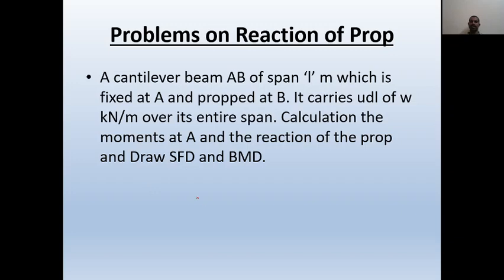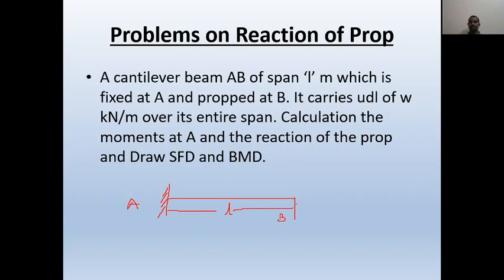So based on these given details, let us try to draw the propped cantilever beam. This is a cantilever beam of span L, fixed at A, with B over here, and propped at B.